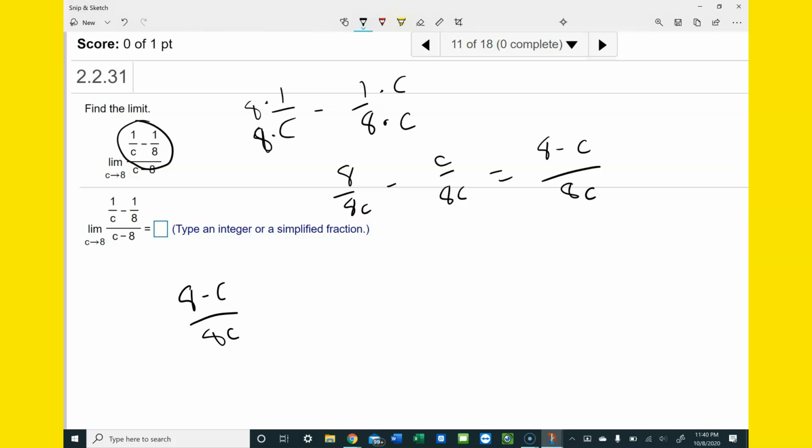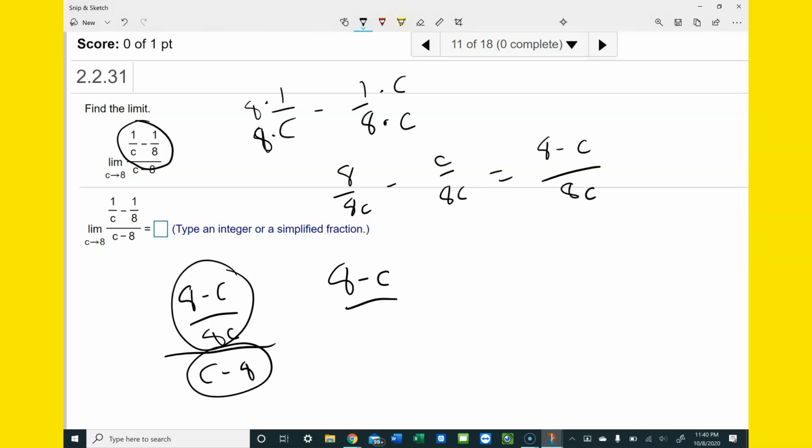So I've got 8 minus C over 8C, over C minus 8. Now I'm going to keep that, change the division to multiplication, and flip that. So 8 minus C over 8C times 1 over C minus 8. The top here and the bottom here almost cancel each other, but not quite.